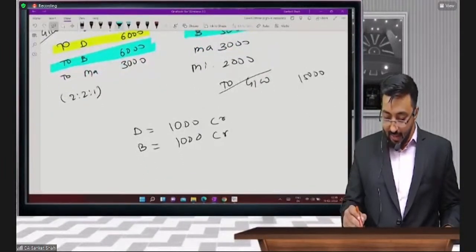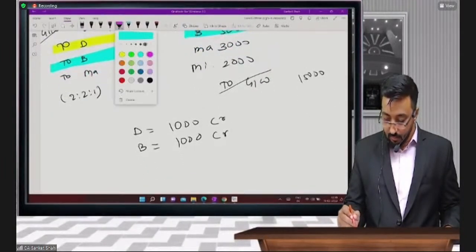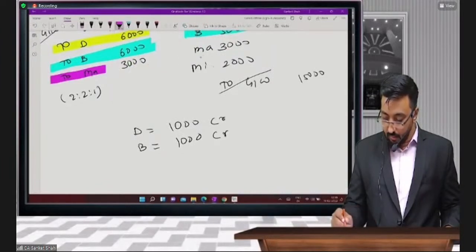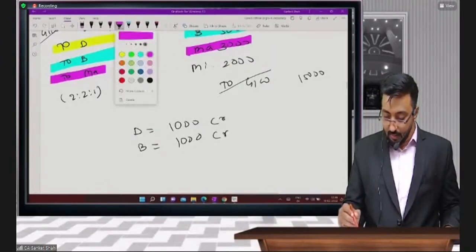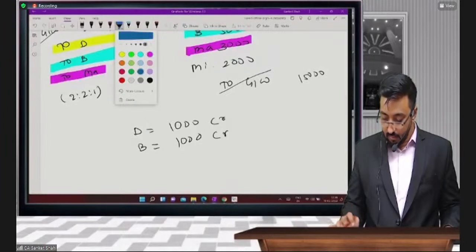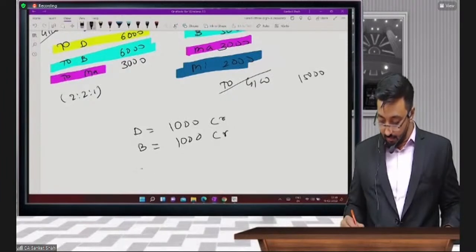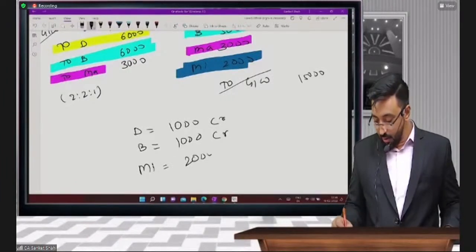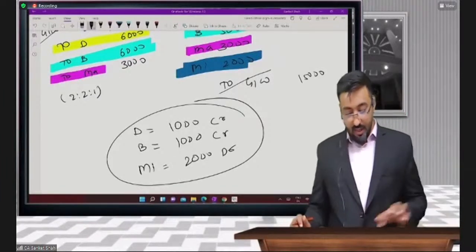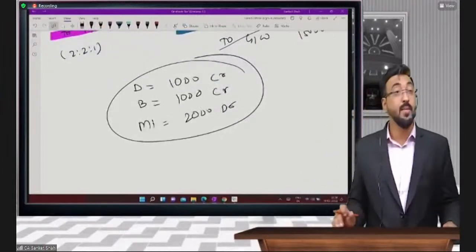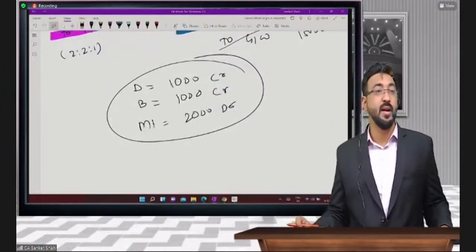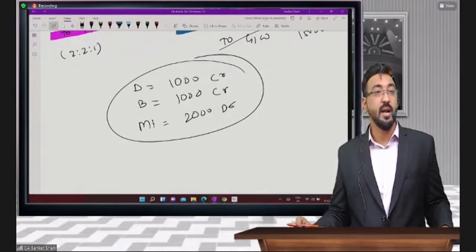Malik tallies. And you can see here Mistry debit 2,000. So these are the ultimate effects: 1,000 credit each, and Mistry 2,000 debit.